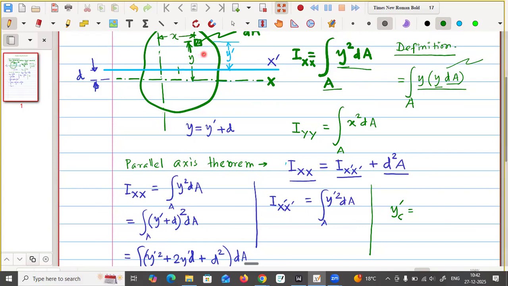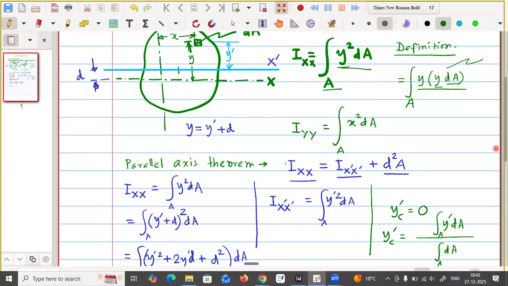Now, what is the definition? This is 0, right? Because it is situated at the axis itself. Means the axis is situated on the centroid itself. Therefore, it is this. Now, what is the definition? That means it is numerically 0, but what is the definition? Definition is equal to integration over area y prime dA divided by integration over area dA.